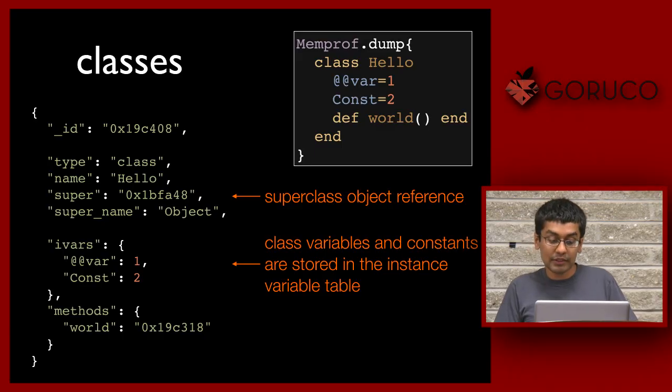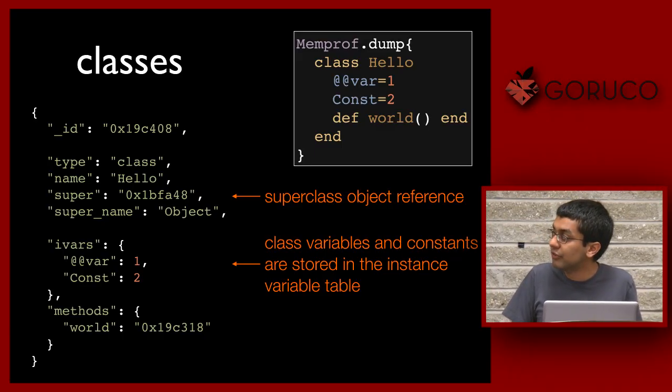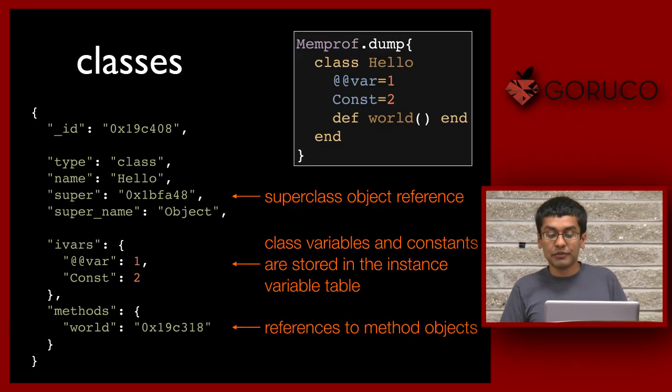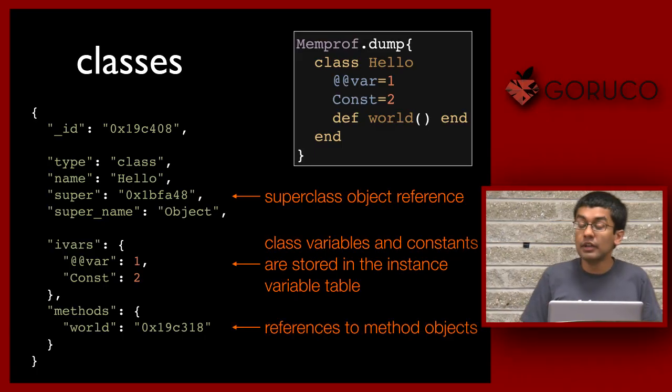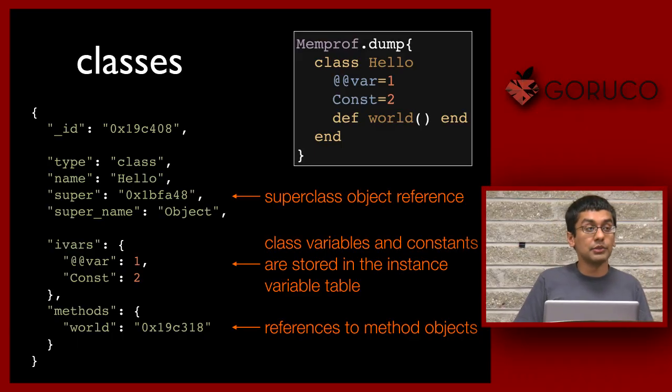They're all on the same table. And the naming rules allow them to all reuse the same table because class variables have to have the double @ sign, constants have to be capitalized. And finally, there's a method table that represents, again, method objects. These are full-blown objects like any other object inside the VM.